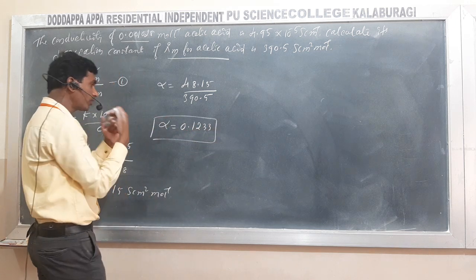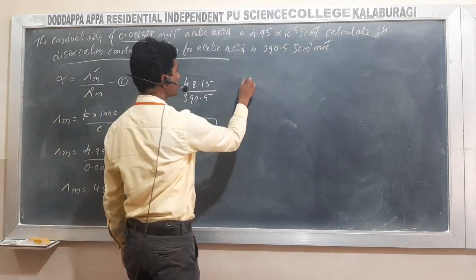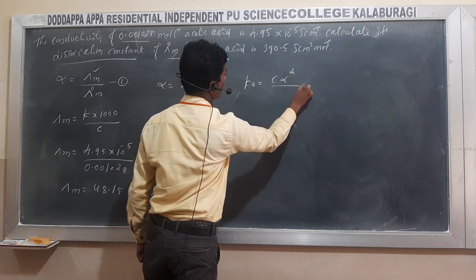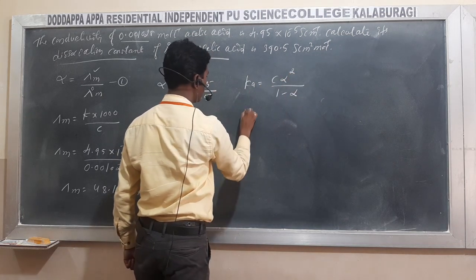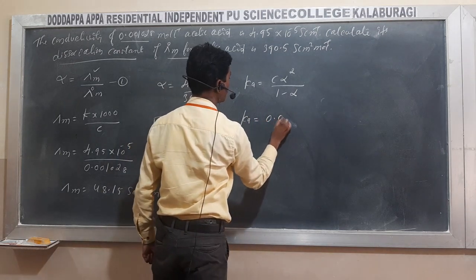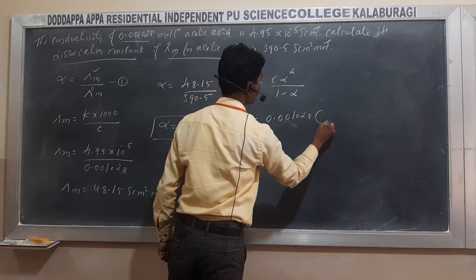This is alpha. After getting alpha, we can calculate the dissociation constant. What is the dissociation constant expression? K is equal to C alpha square divided by 1 minus alpha. What is the concentration? The concentration is 0.001028. And what is alpha?